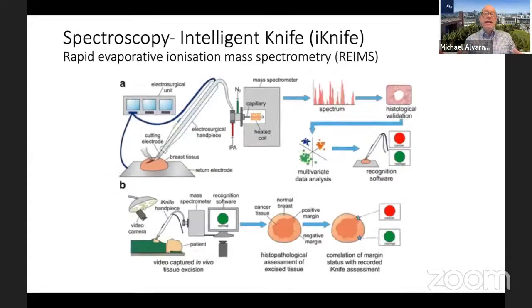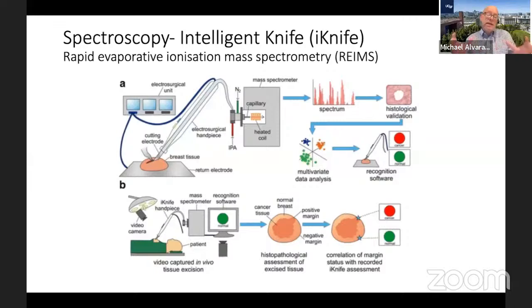Here we have the intelligent knife, or the iKnife, which uses spectroscopy in the operating room, which seems crazy, right? Rapid evaporative ionization, using mass spectrometry. So think about that. Millions and millions of dollars going into this type of technology to look at your margin rate or to decrease the re-excision rate.